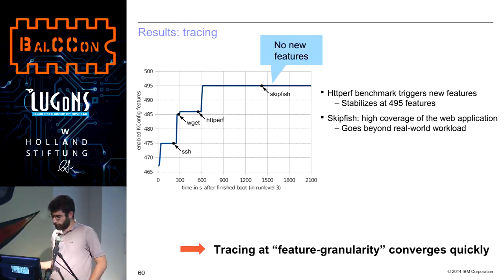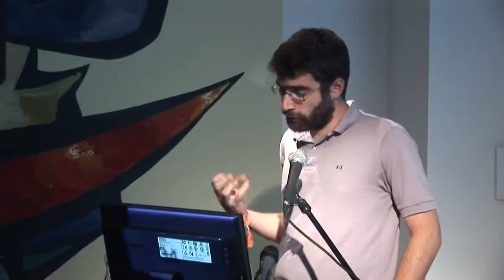And when it stabilizes, we run Skipfish. Skipfish is a web application security scanner from Google. And the nice thing about it is that it will have essentially a high coverage of your web application. It will go and try each of the different PHP scripts that you have with different requests, and therefore it will try out close to as many code paths as you have in your web application.